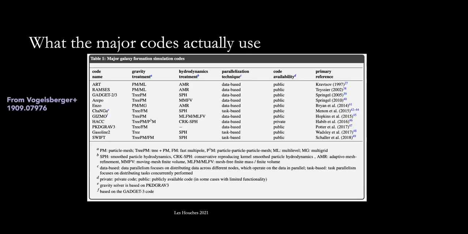Okay, so let's see what codes actually use. You can see that there is a diversity of approaches here. As I mentioned before, Arepo and Gizmo are these moving mesh type codes. Probably the most famous adaptive mesh refinement code is Enzo. One thing I'll point out about Enzo is that it has a huge community development base.